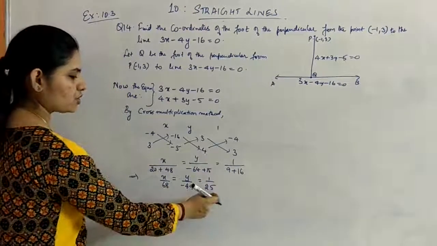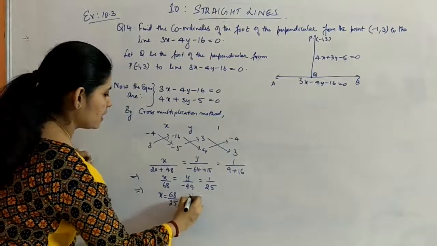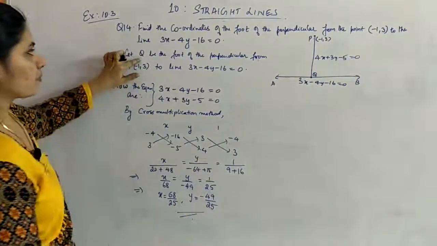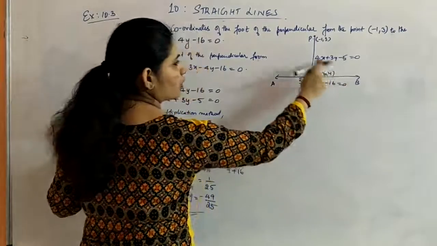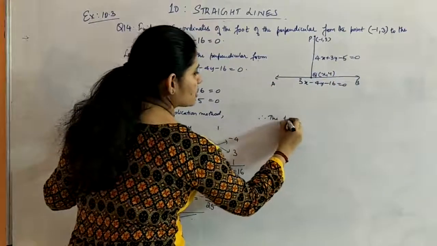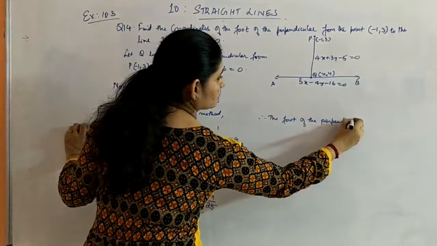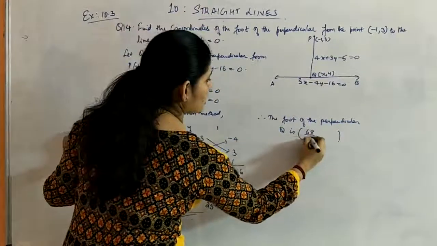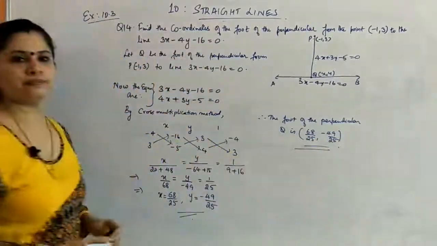Now equating these, you will get x is equal to 68 by 25 and y is equal to minus 49 by 25. The foot of the perpendicular is actually Q, which is your x comma y, the point of intersection. Therefore, the foot of the perpendicular Q is 68 by 25 comma minus 49 by 25.